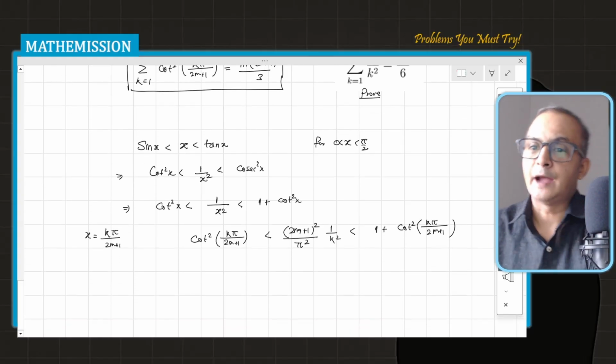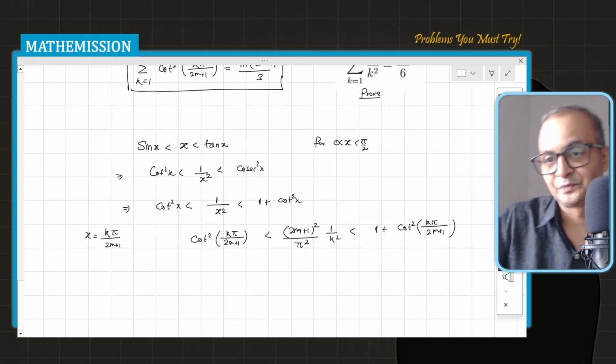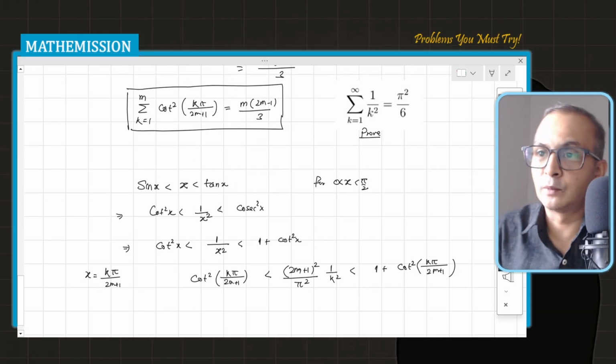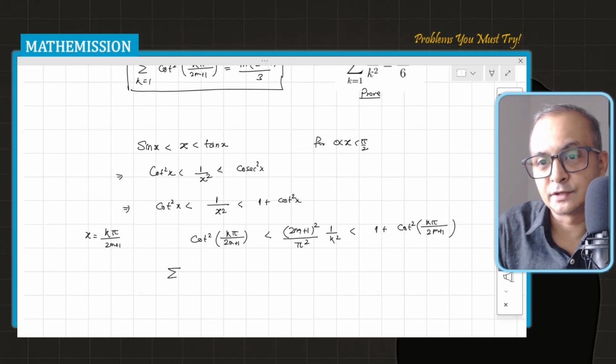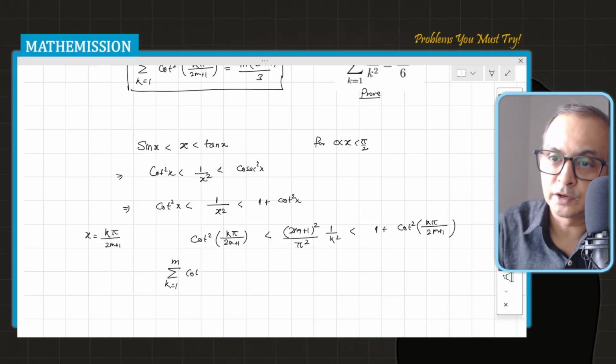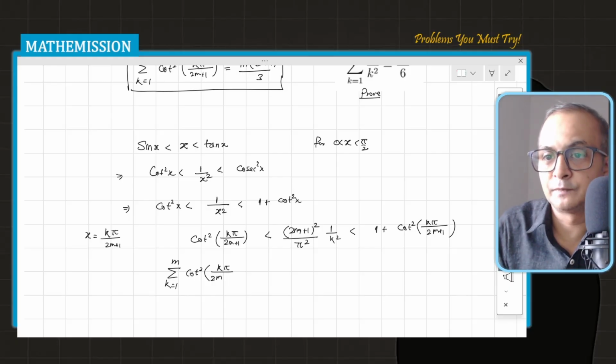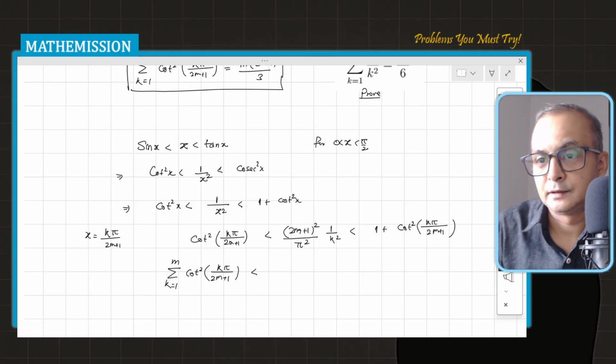Now I'm going to apply the summation. k goes from 1 to m first. So if you apply the summation, k goes from 1 to m, cot square k pi by 2m plus 1, and then again summation, k goes from 1 to m.